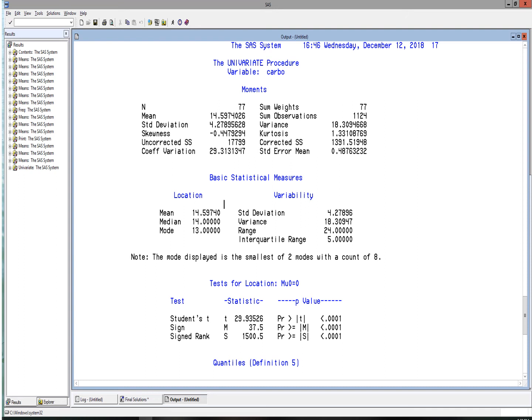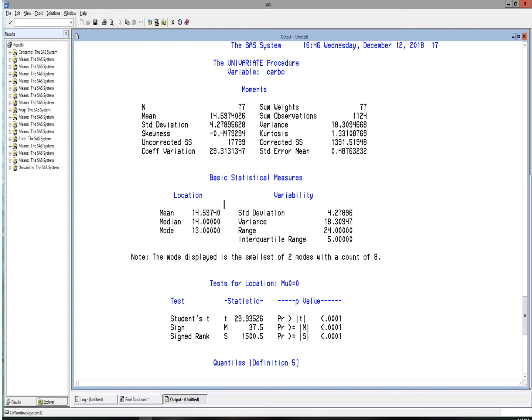But that makes sense. 14 is vastly far from 0. And this is probably not a very interesting test. Probably a lot of cereals have carbs other than 0, and you can't have negative carbs, so of course it's going to be different than 0. It's a bit of a silly test, but this is the default in proc univariate.